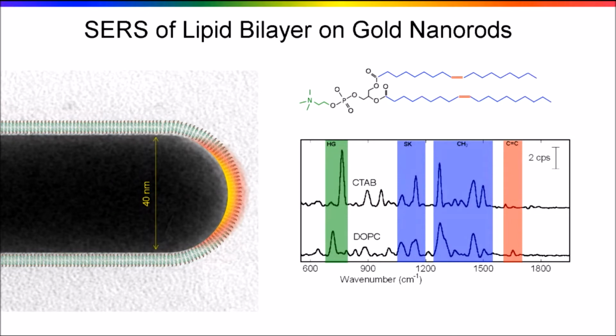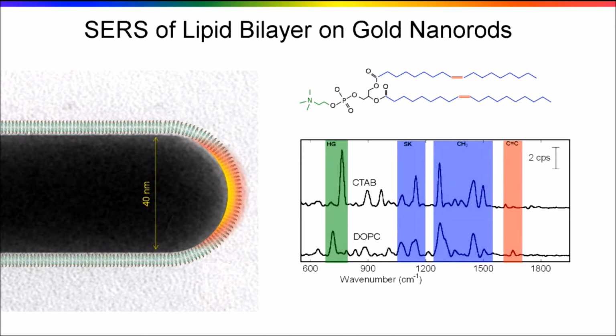One great thing about SERS is we can tell we definitely switched it, because this is the peak that goes with the surfactant head group, this nitrogen vibrating around the nitrogen, and this is the lipid. So we know we completely switched to lipid. And then we can see other interesting things like this peak. This is the double bond stretching, vibration around that double bond. You don't really see it in the CTAB, there's some noise there, but a stronger peak shows up with the lipids.